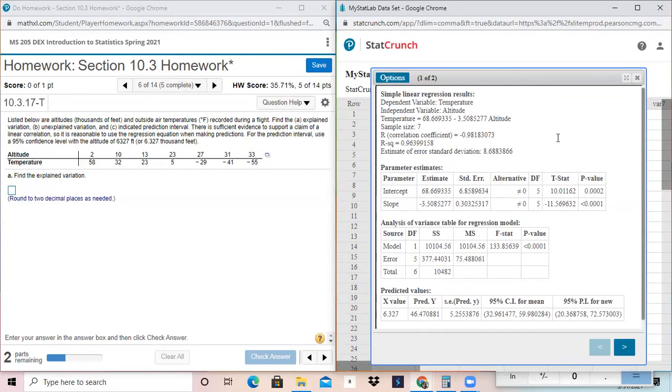Recall that to find our explained variation, the explained variation is going to be based off of the coefficient of determination, r squared.